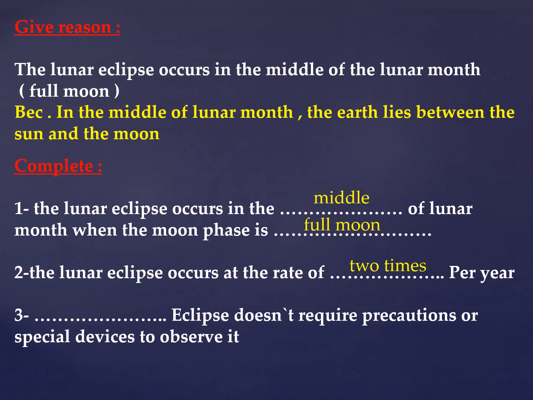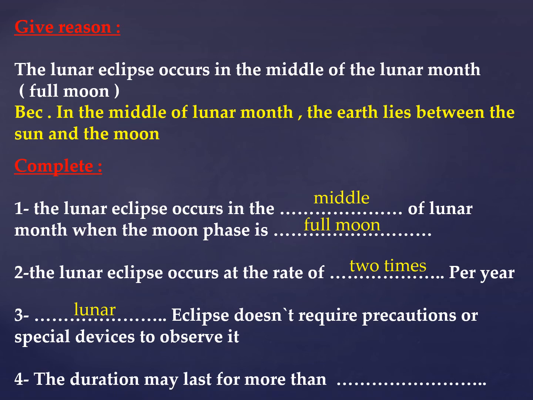The answer? Lunar eclipse doesn't require precautions or special devices to observe it. Number 4, the duration may last for more than blank. The answer, the duration may last for more than 2 hours.